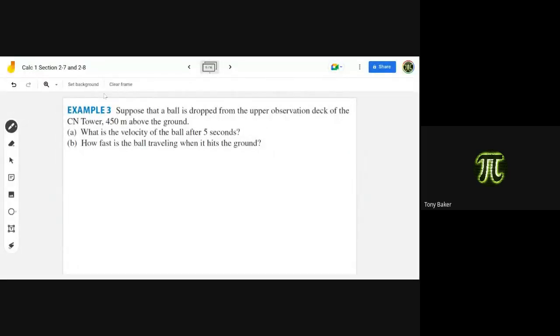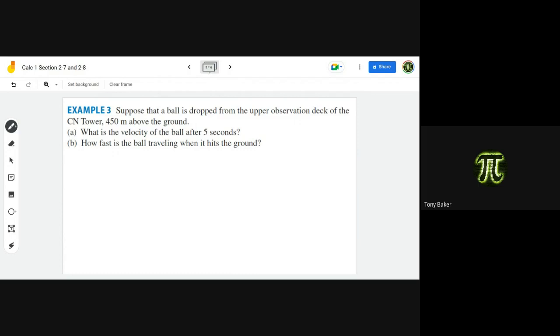Look at this one. So velocity: when you're given your function, it is telling me the position of the object.